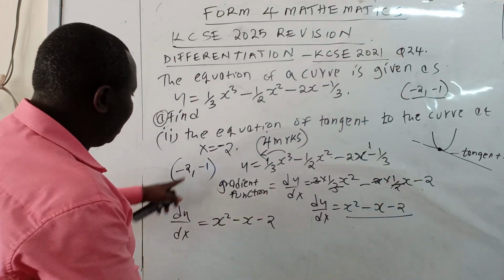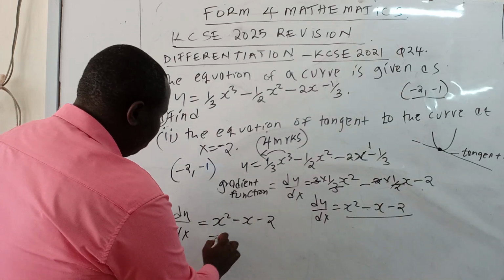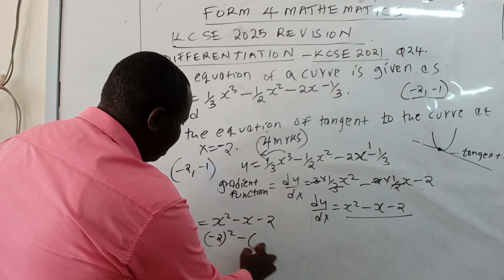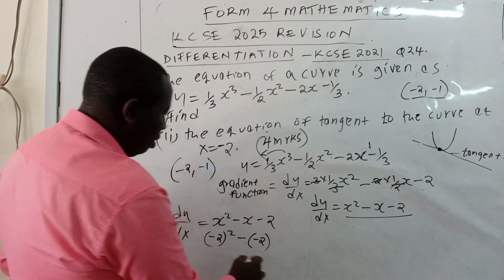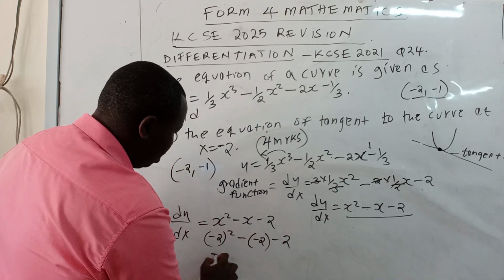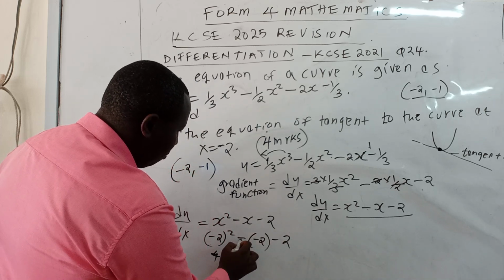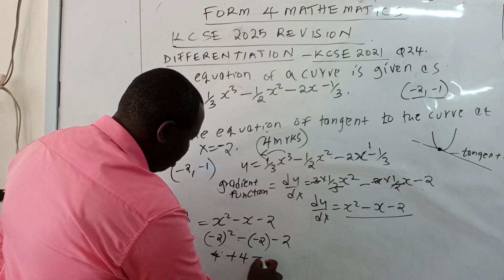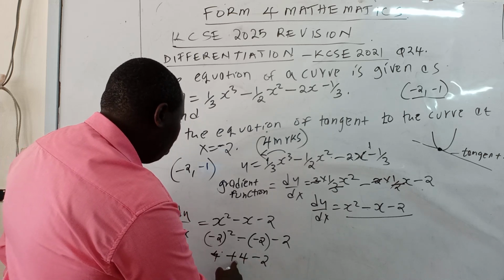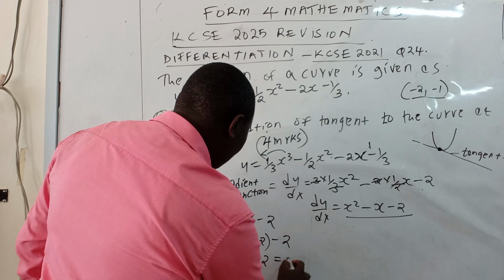You substitute x is negative 2: negative 2 squared minus negative 2, minus 2. This is 4, minus the minus comes to plus, 4 plus 4, 8, minus 2. That is 6.